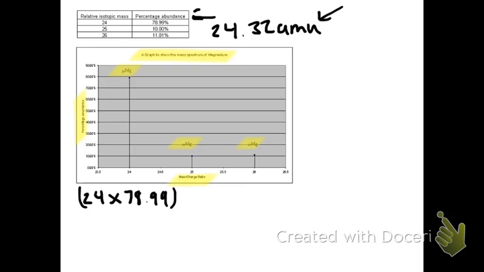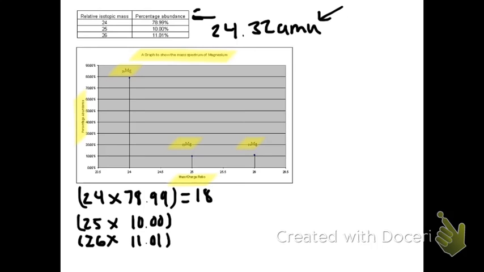And you're going to take 25 times 10.00. So you're taking each of the masses of the isotopes, and you're going to multiply by its abundance. So 26 times 11.01.